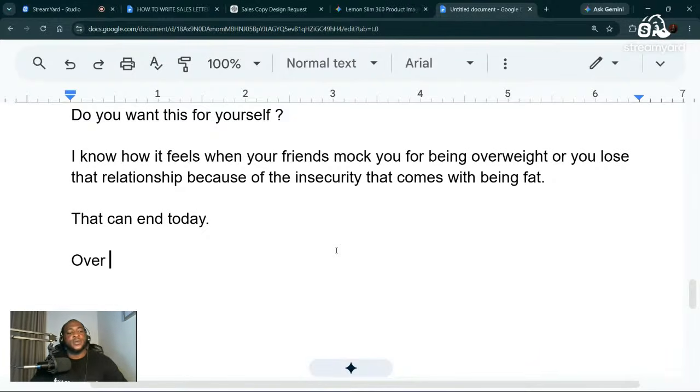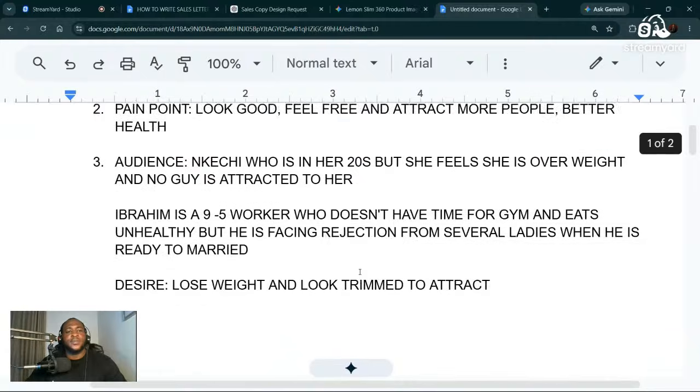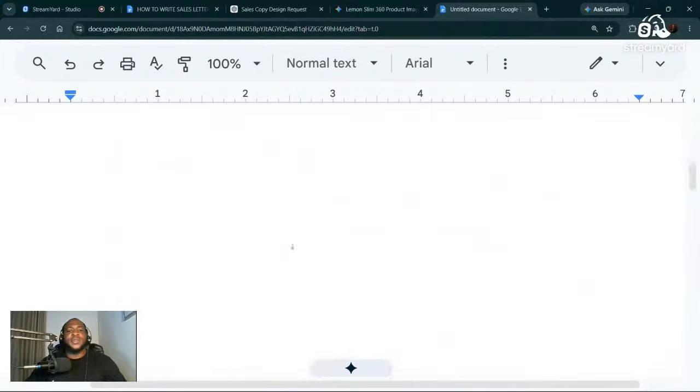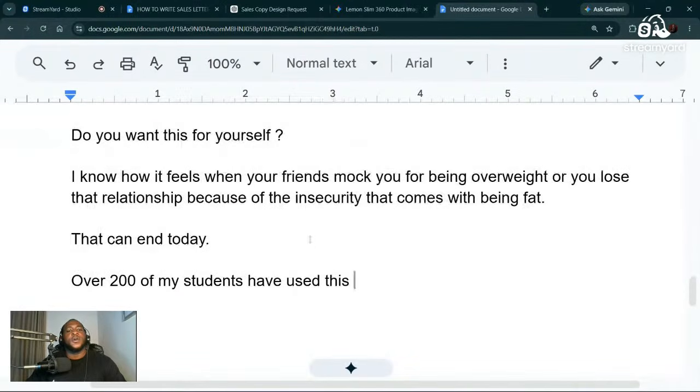Over 200 of my students have used this slim. I've used, what is the name of our product? I've used Lemon Slim 360. Over 200 of my, okay, there's no need for plus when you've used 200. And most times when you're using copywriting, don't use round figures.